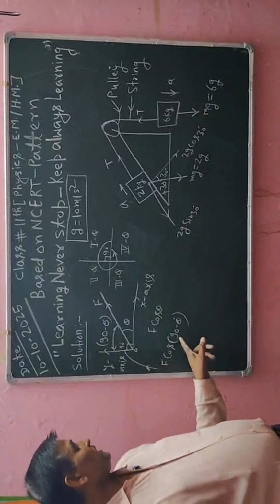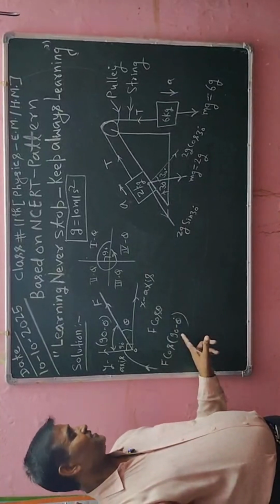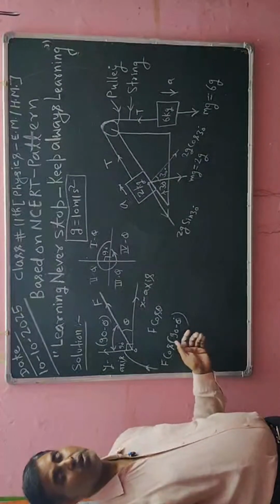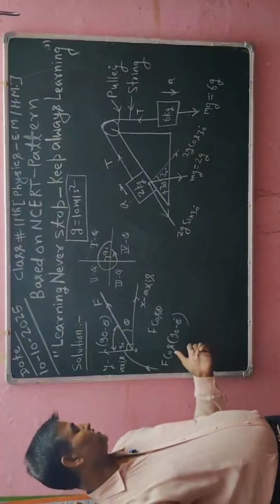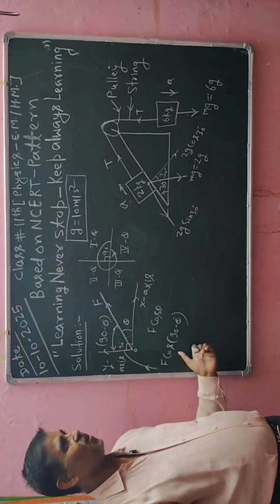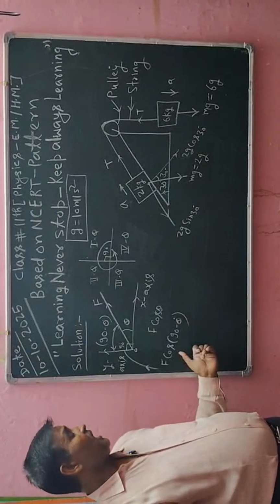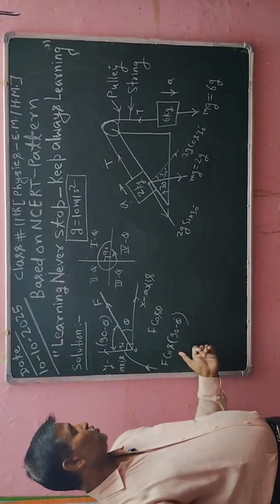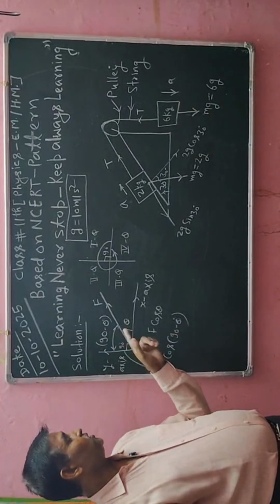So cos of 90 minus theta will change into another trigonometric ratio: cos changes to sin and sin to cos, tan to cot and cot to tan, sec to cosec and cosec to sec. Okay, so I have to use the quadrant value.